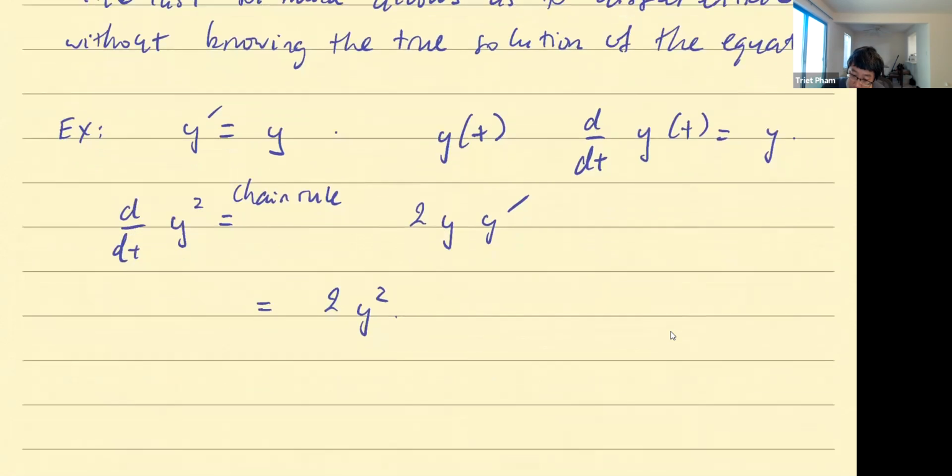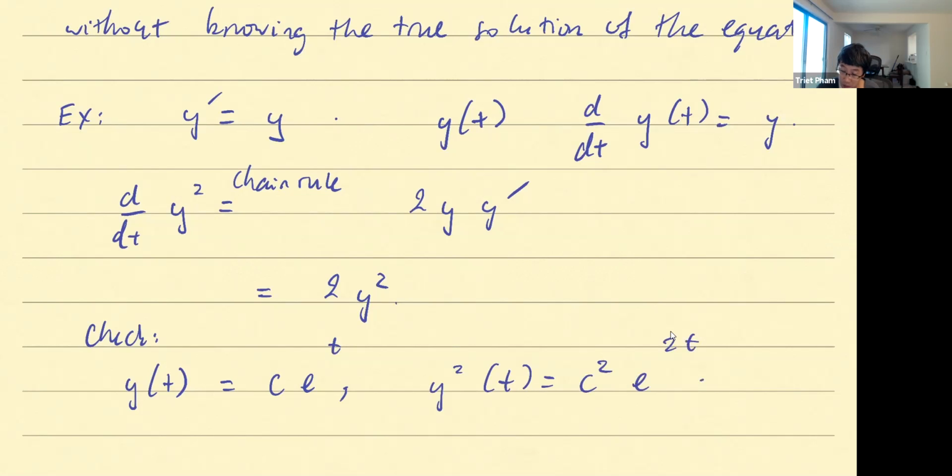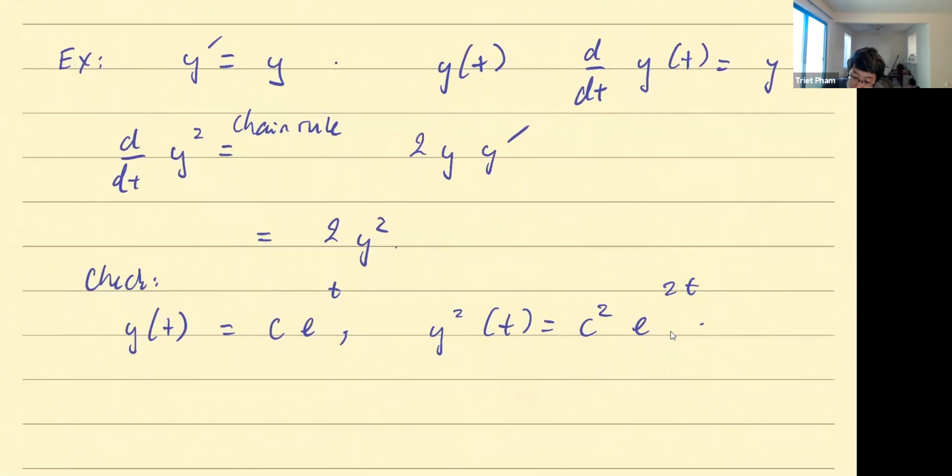Now let's see that it is true with the real solution. Well, the true solution of this is something like, let's say a constant c times e to the t. So what's y squared? Y squared is c squared e to the 2t. So if you differentiate y squared, what do you get? Y squared prime is c squared times 2 e to the 2t.